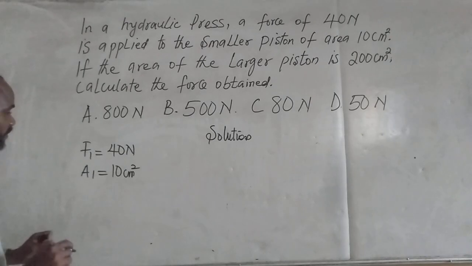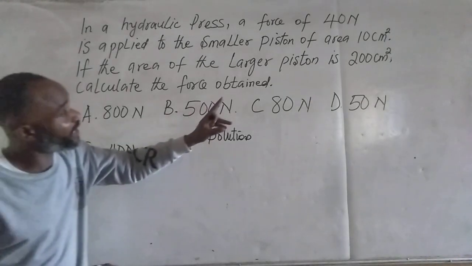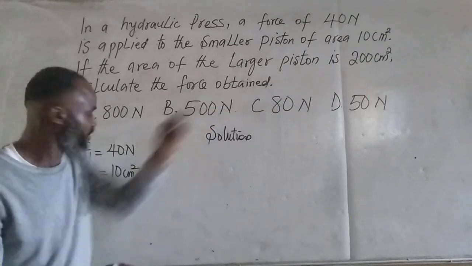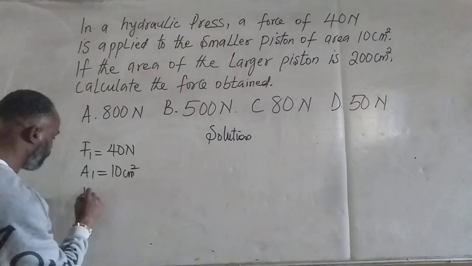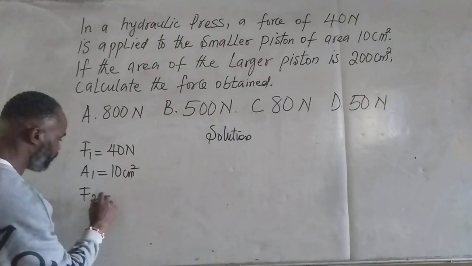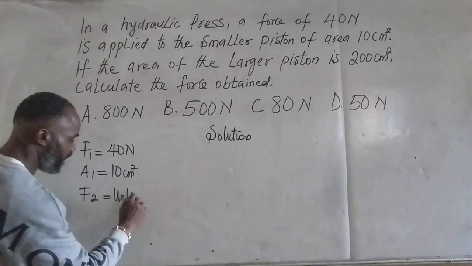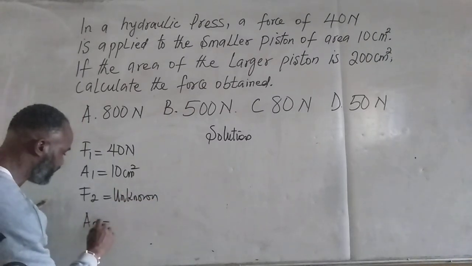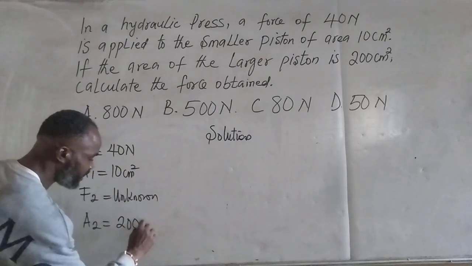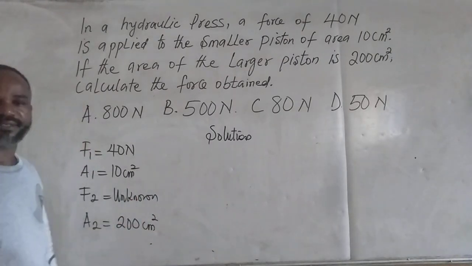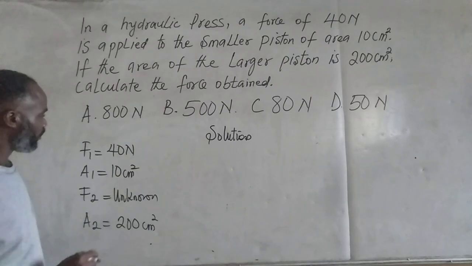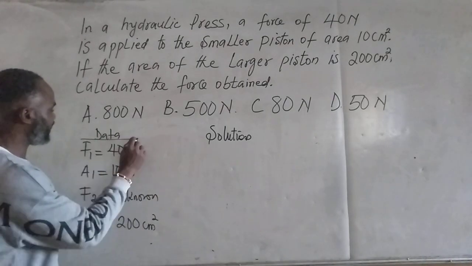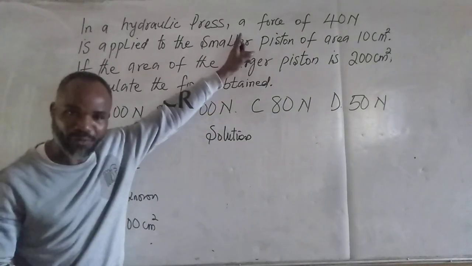Then the next one: the area of the larger piston, but first of all, F2 is unknown. The area of the larger piston is A2, and it's giving us 200 cm squared. We have identified the data contained in the question.